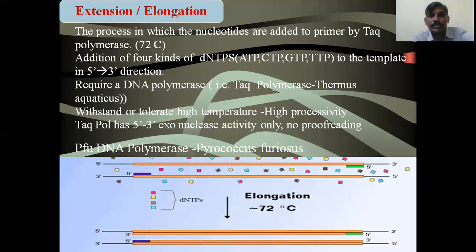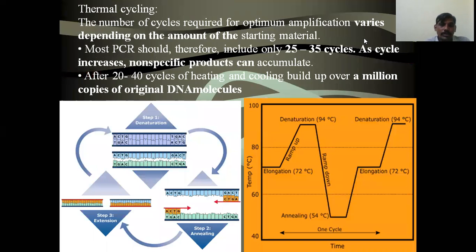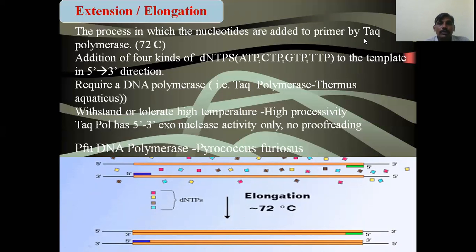So in this case, we select a kind of polymerase named Taq polymerase. We are using Taq polymerase enzyme here. Taq polymerase was discovered in a thermophilic bacterium that normally lives in hot springs, discovered in Yellowstone National Park.